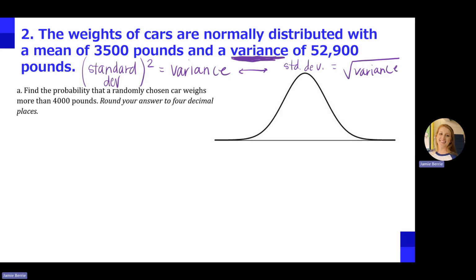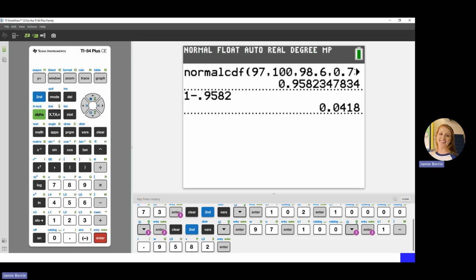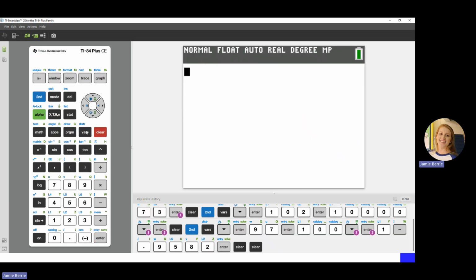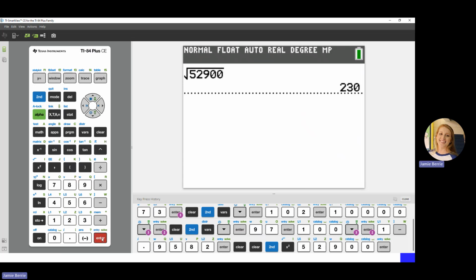All right, I'm going to grab our calculator, 52,900. Let's do second, and then the x squared button right here is the radical, and that's 52,900. All right, and there's our standard deviation, 230 pounds, I think it was.